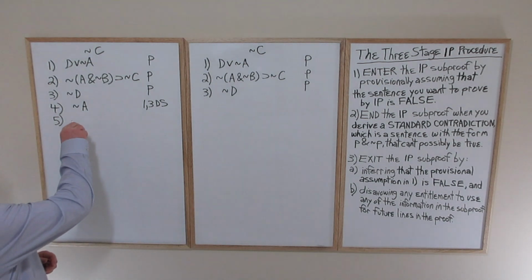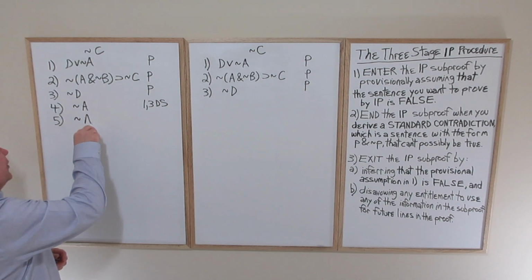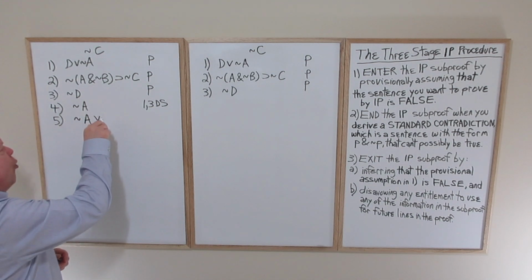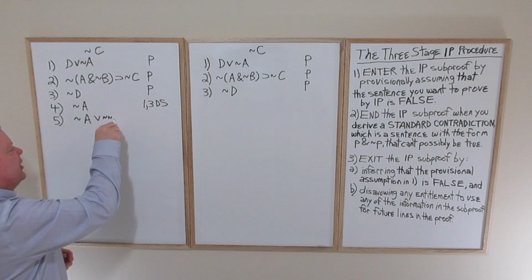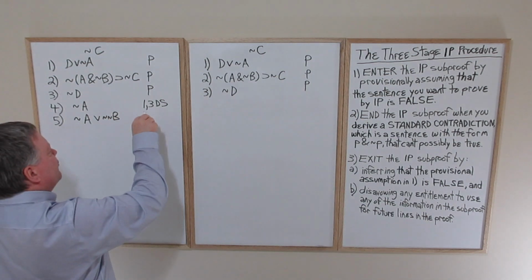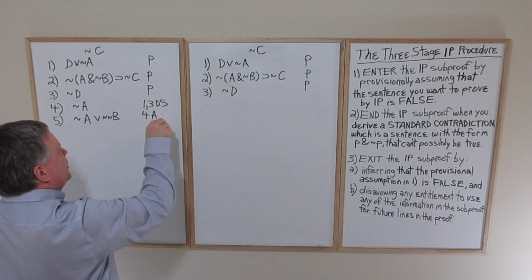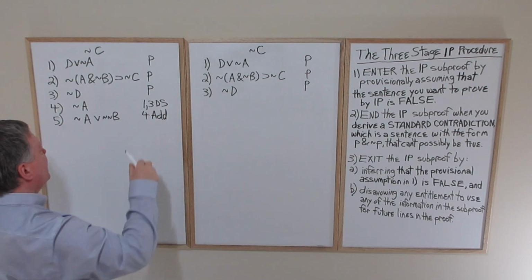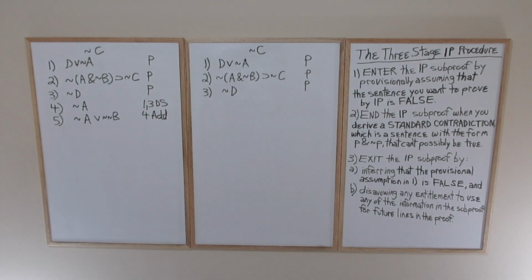The strategic addition step we want to do is tilde A or tilde B. So that's for addition. Notice there's no requirement that we do tilde A or B and then do a separate double negation step. The addition rule allows you to add any sentence. It doesn't have to be a simple one.